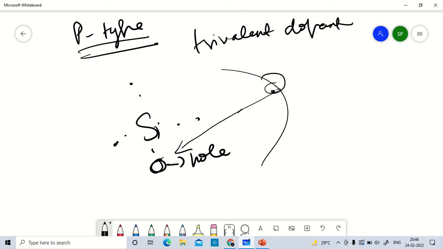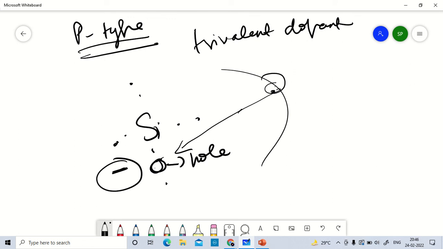Okay, when it shares its fourth electron with the neighboring silicon atom, it becomes effectively negatively charged. Therefore, the dopant atom of p-type material can be treated as the core of one negative charge along with its associated hole, because now it took one electron.